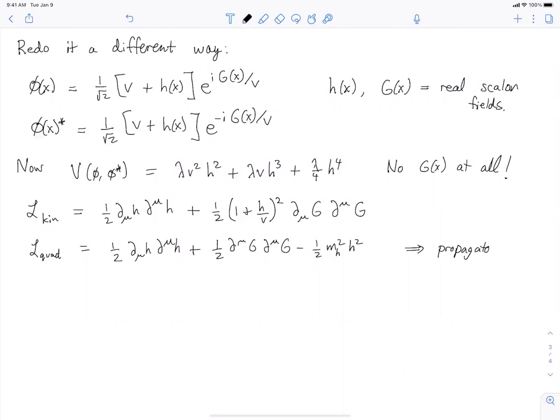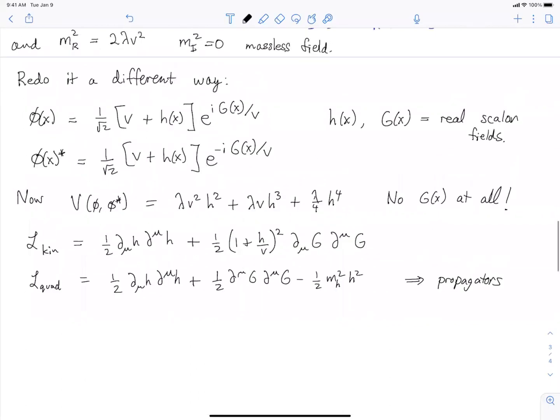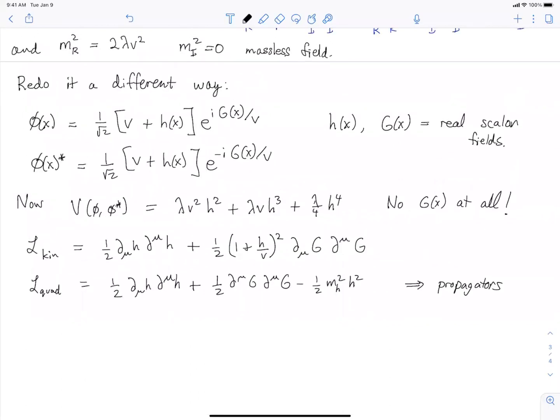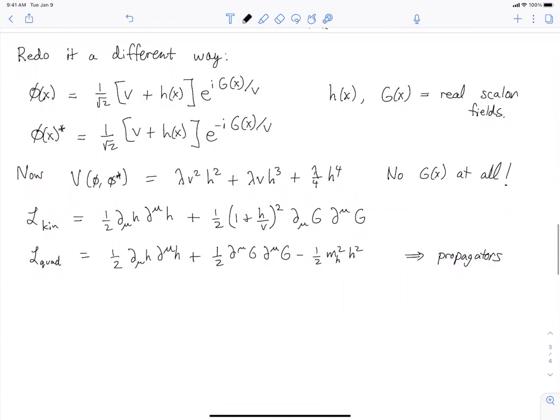Notice that once again, it's telling us there is one massive field and one massless field. Okay, and this mass squared here is in fact the same as this mass squared.